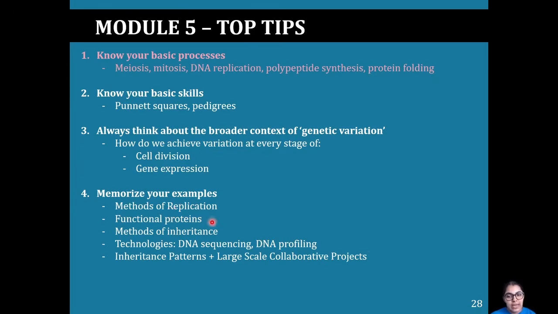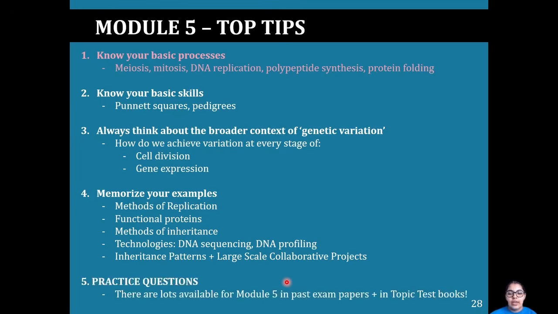Memorize the methods of replication, functional proteins, the methods of inheritance, and the technologies like DNA sequencing and DNA profiling. Also memorize examples of how we've used this information in inheritance patterns, and link that to the large-scale collaborative projects that we have found.